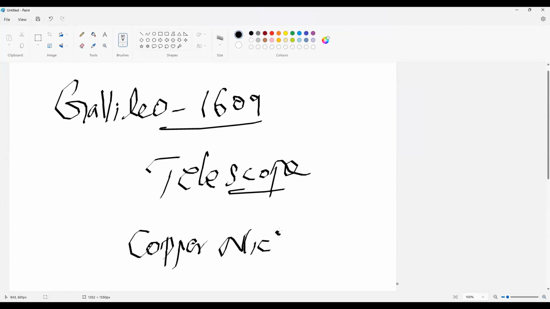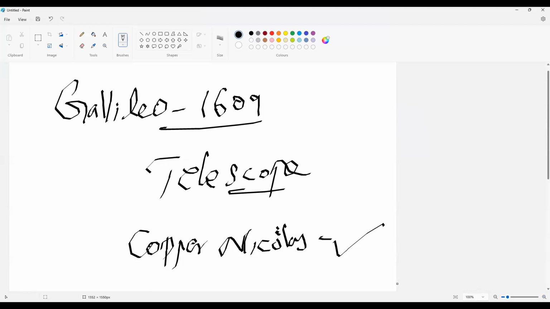Copernicus is correct. Why? Because of the invention of the telescope. Now we believe it because we are able to see it.